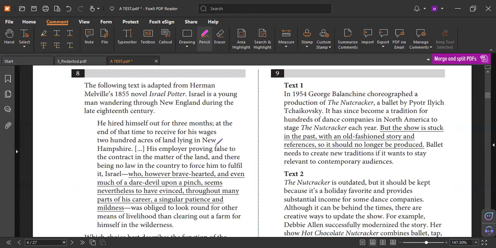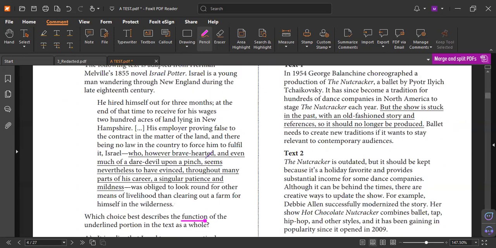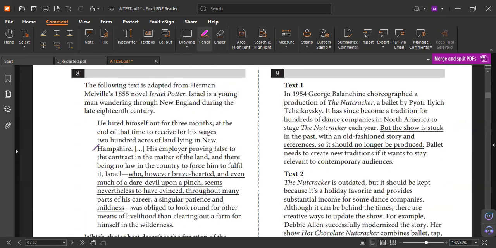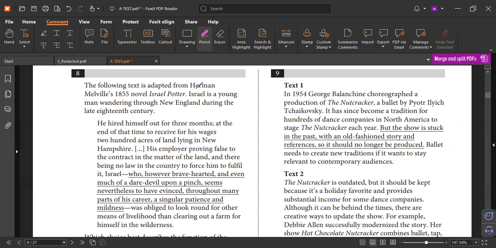Your job is to summarize through reading, but very quickly, according to what the question needs exactly. Again, here the function of what's underlined only. So I read before, very quickly, and after, very quickly, to check what it mentions. Let's read here.